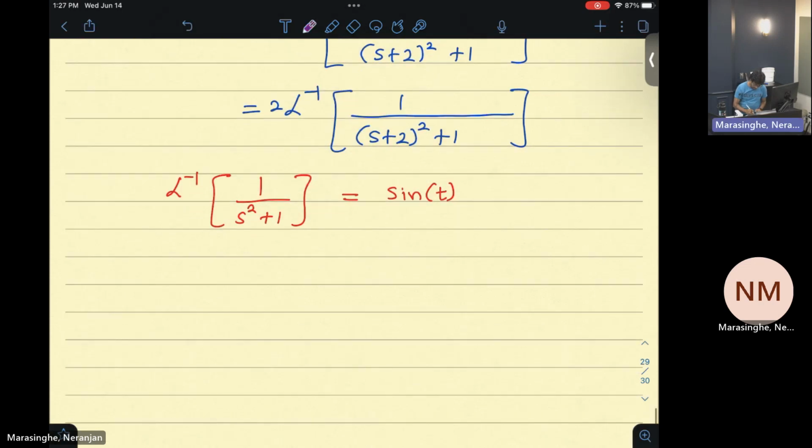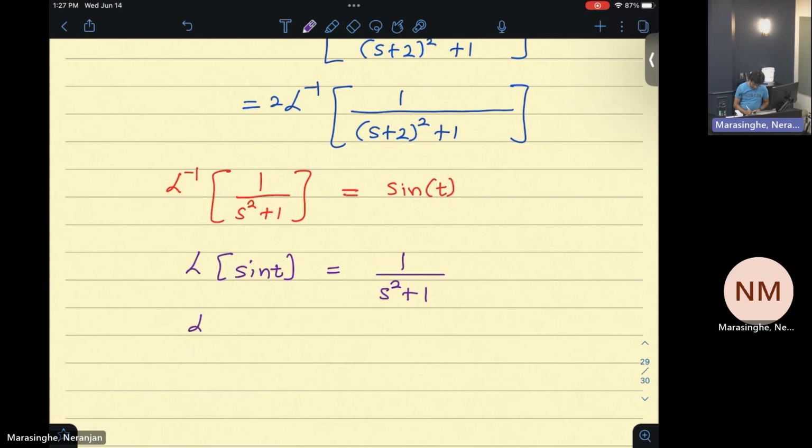Because we know that Laplace transform of sine t is equal to 1 divided by s square plus 1. Okay, because inverse Laplace transform of 1 divided by s square plus 1 is sine t, and Laplace of sine t is 1 divided by s square plus 1.